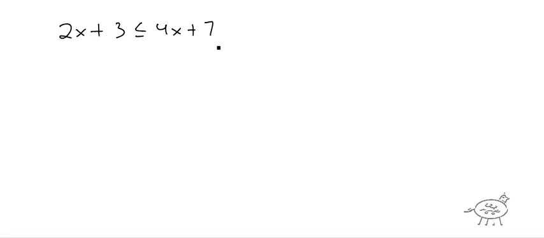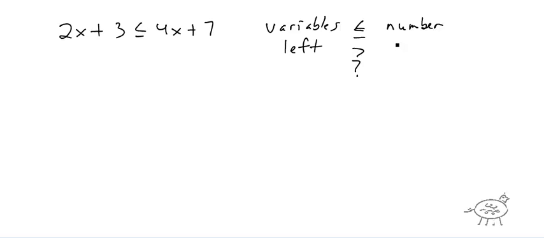Now I actually have to move around my inequality and flip the inequality around. So I'm going to recommend that you move all your variables on the left, however the inequality is, less than or equal to, greater than, whatever, and your numbers or your constants on the right.